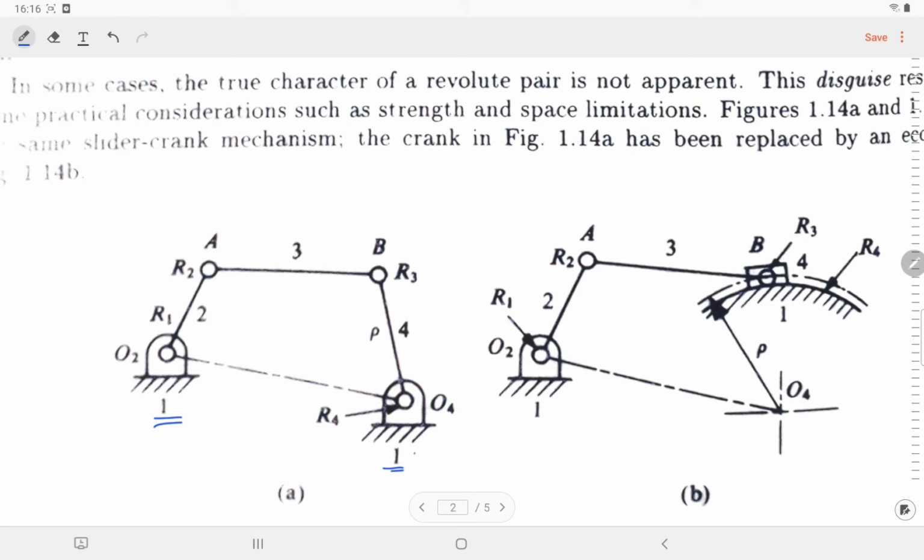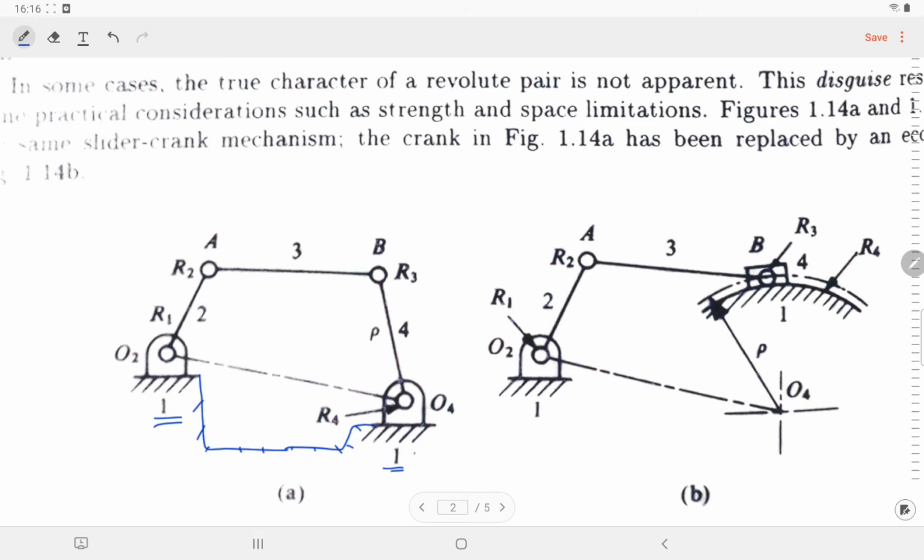But all the fixed links which are connected to a single fixed frame must be considered as a single link, even though they are apart. So what you could assume is that somehow this link and this link are connected, but that's not in this picture.